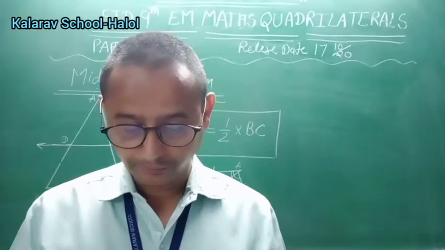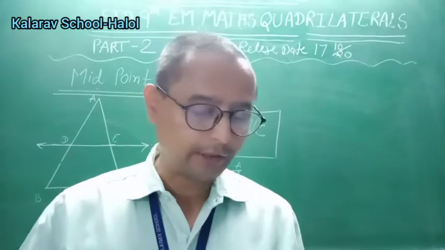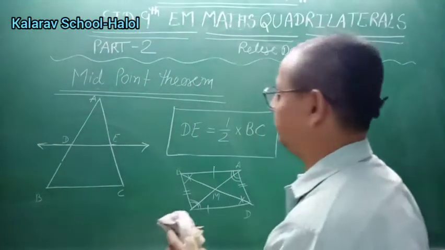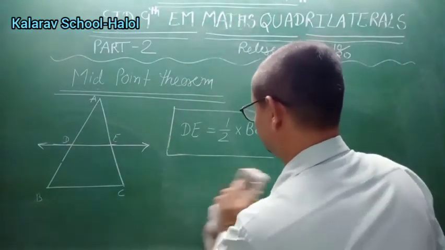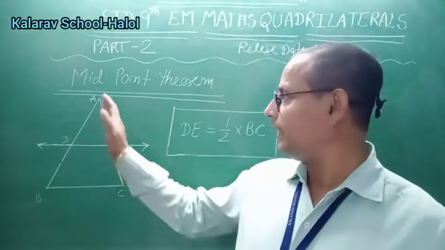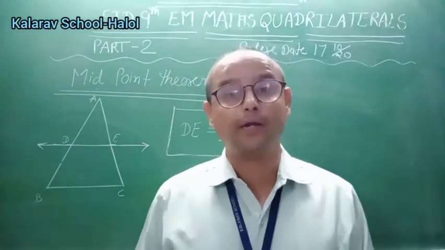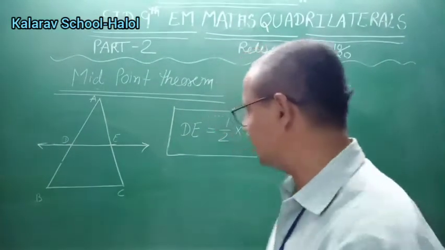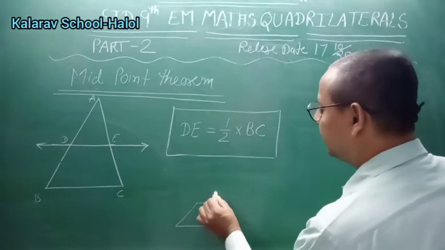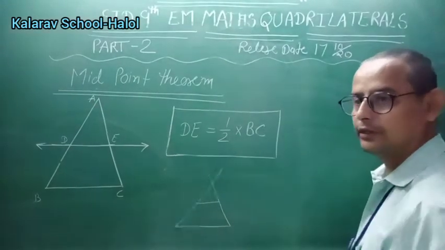With that, the most important theorem we will now try to understand is the midpoint theorem. Let's look carefully. See, if any triangle is drawn. Now you will say we were talking about quadrilaterals, so where did the triangle come from? But if a trapezium is there and you extend it further like this, it becomes a triangle. Is it clear?